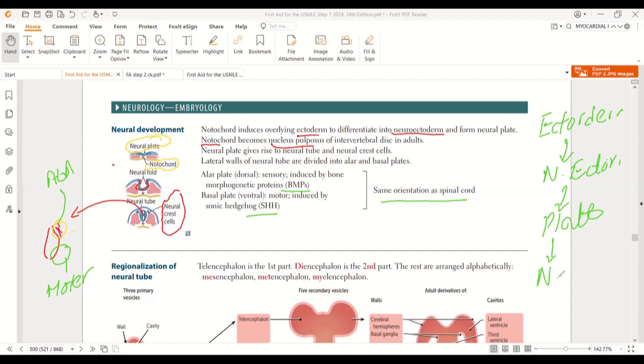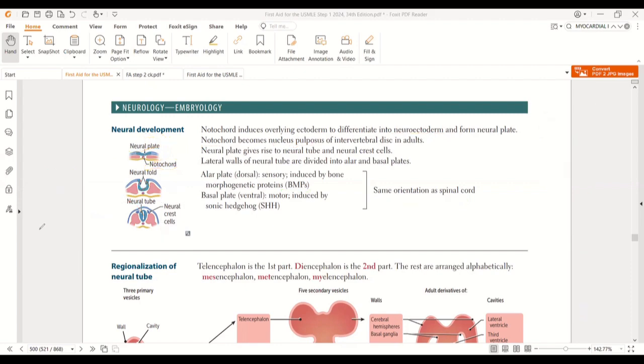These neural folds fuse to form the neural tube, and the part of the neural plate that does not become part of the neural tube remains as neural crest cells. The neural crest cell is again high yield. I will discuss these neural crest cells in detail after a few minutes, right? So I hope it makes some sense.